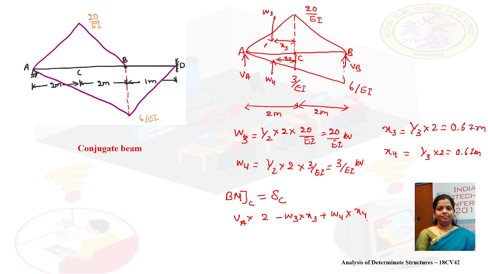Substituting the value of VA, W3, W4, X3 and X4, we will get moment at C as 20.61 by EI kilonewton. Therefore, delta C is also 20.61 by EI kilonewton.